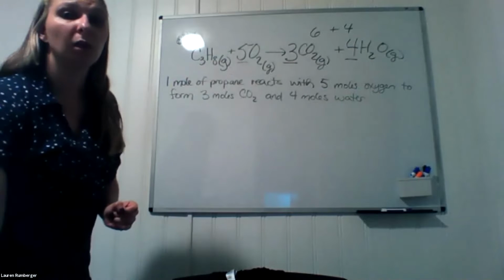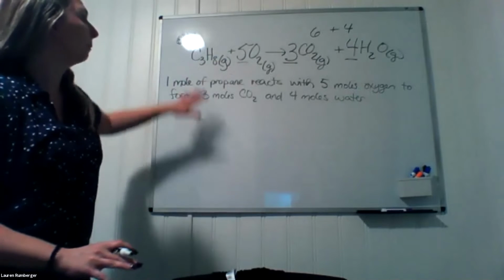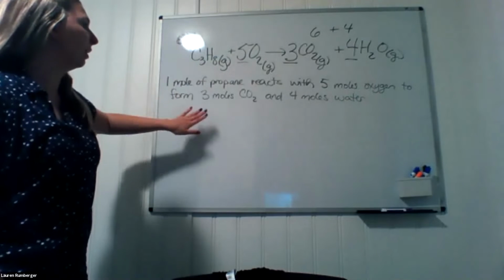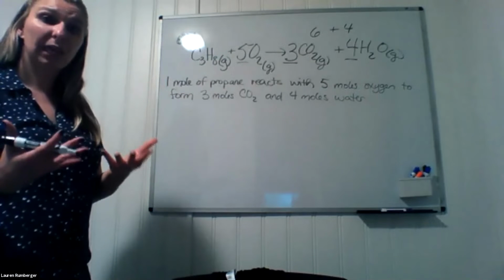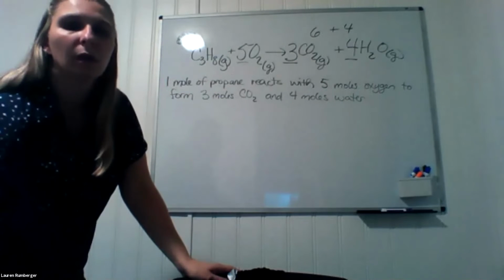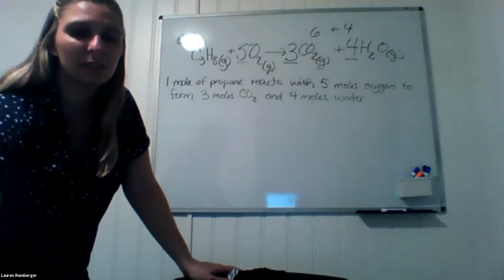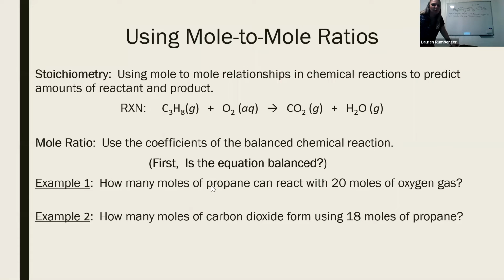Okay. So now that we have our balanced equation and we understand what it is communicating to us, now let's look at the first example that's on that slide. It says, how many moles of propane can react with 20 moles of oxygen gas?